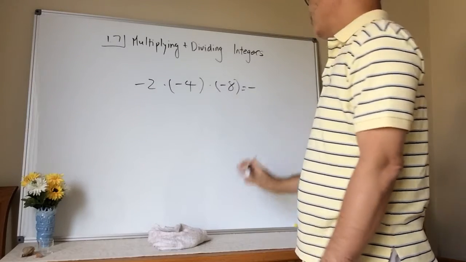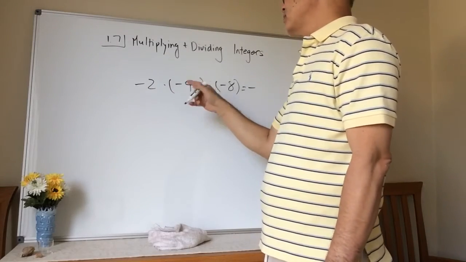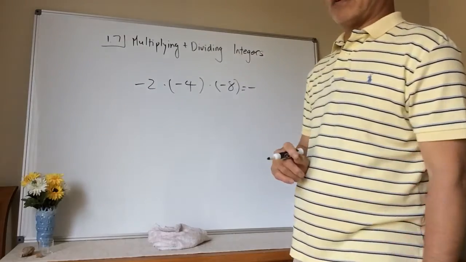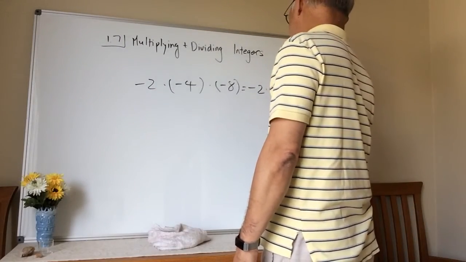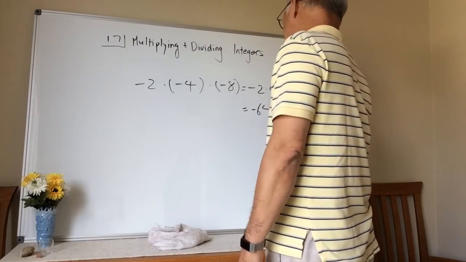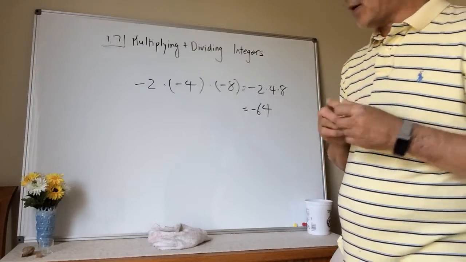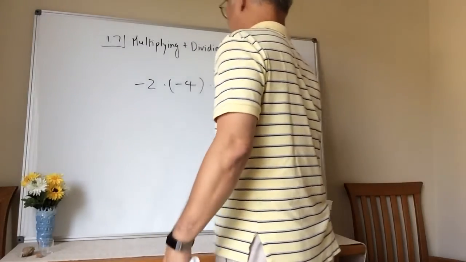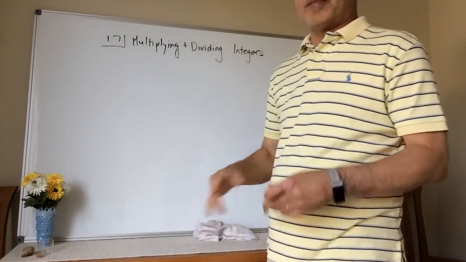In other words, with 3 negatives, the answer will be negative. 2 times 4 times 8 is 64, so we get negative 64. And with that, we are done with the lecture for 1.7.